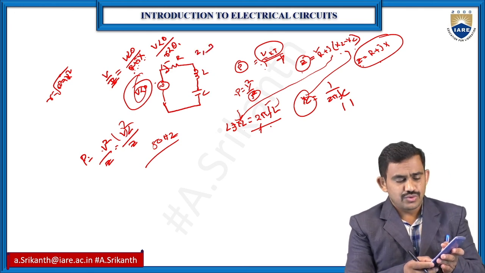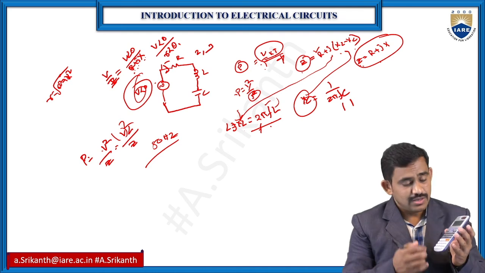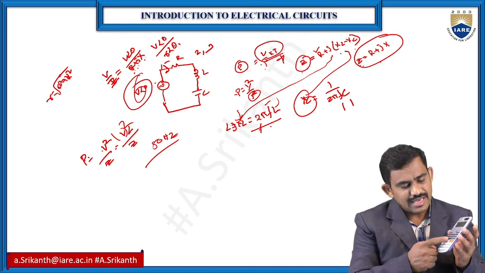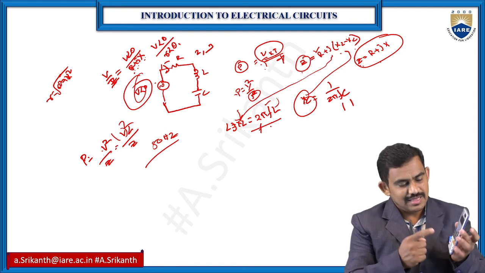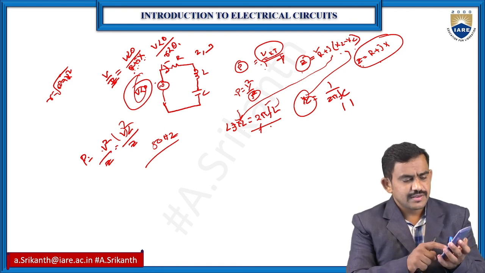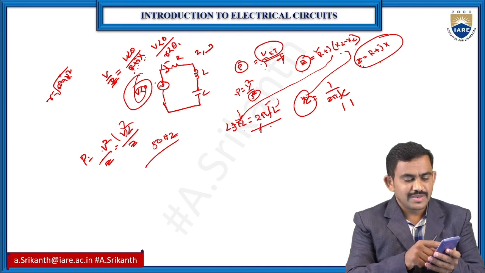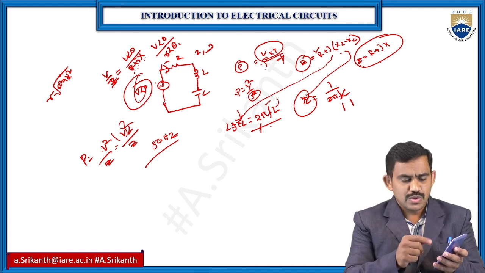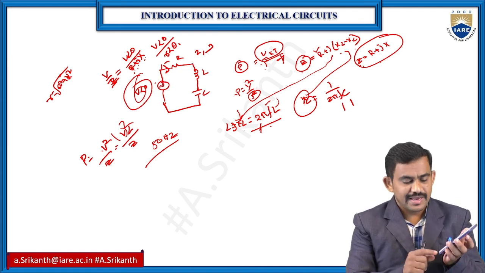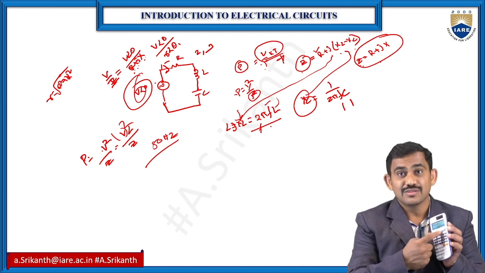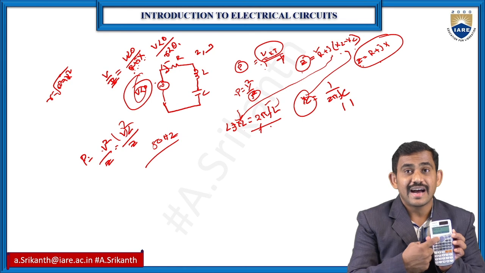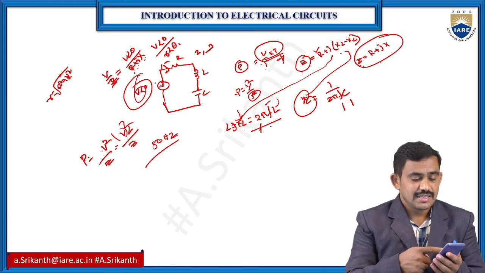So shift plus, then 2, comma, 3, close the bracket, then enter. We have the r value as well as the theta value.